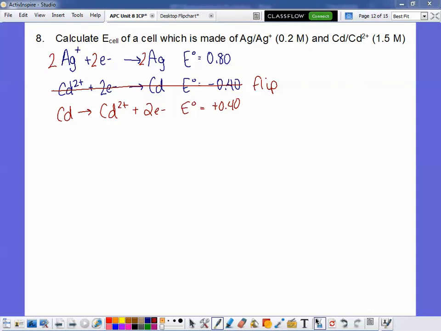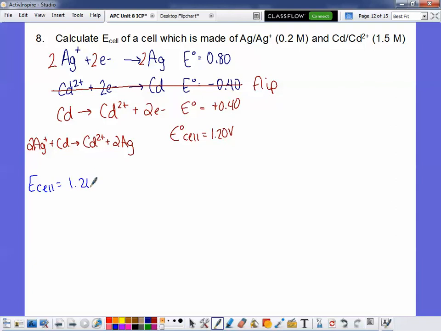All right, so going through, what did you get as E of the cell? 1.20. And what's our overall equation? Let's get that written down too. Okay. So now, plugging that into the Nernst equation. What is our n? 2.